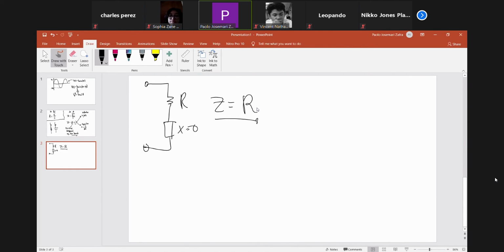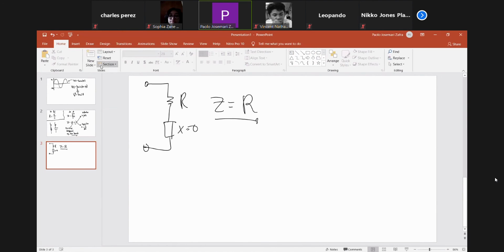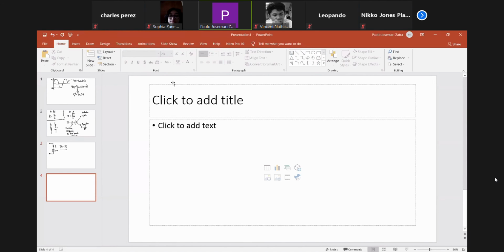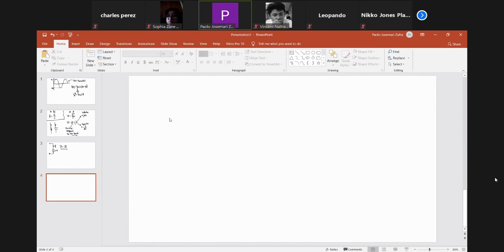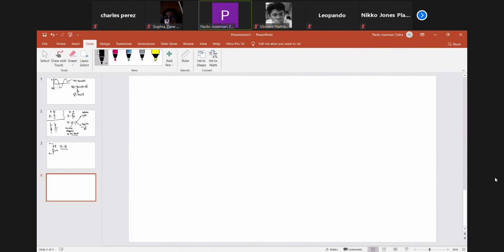Okay. So basically for this experiment, we will be focusing on a connection of a sinusoidal voltage given here, connected in series with a resistor or two resistors.